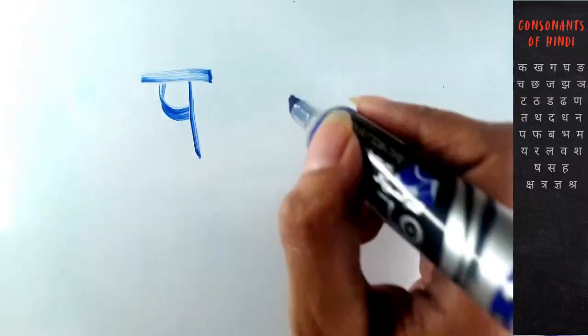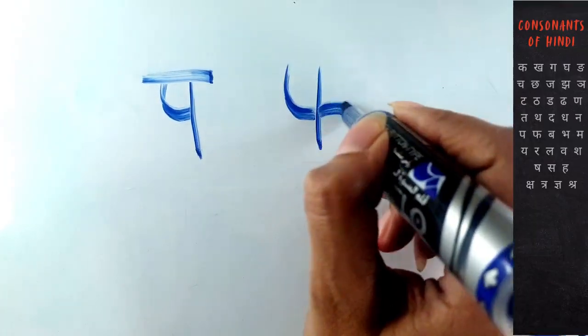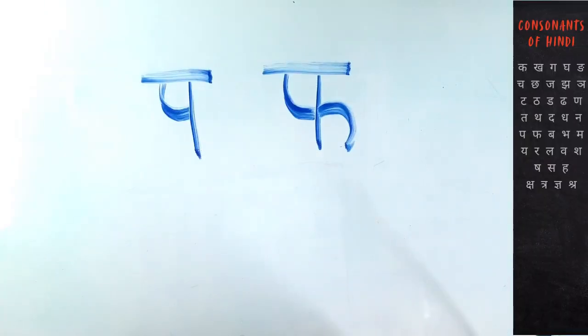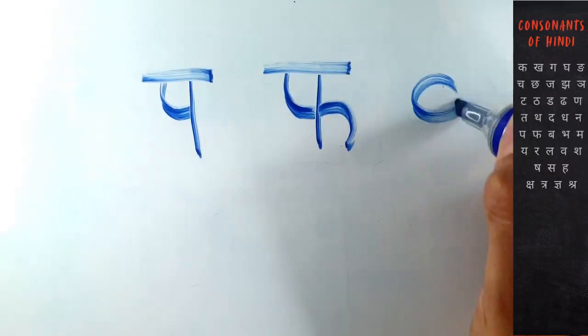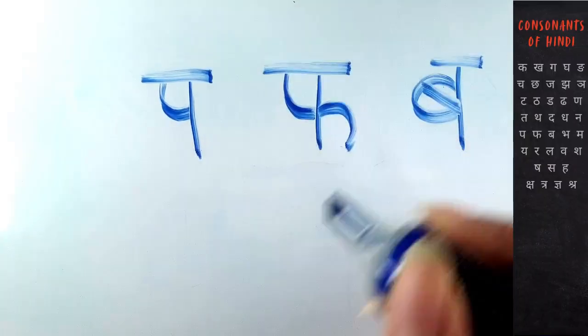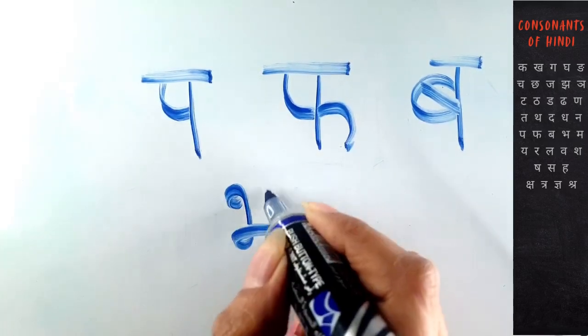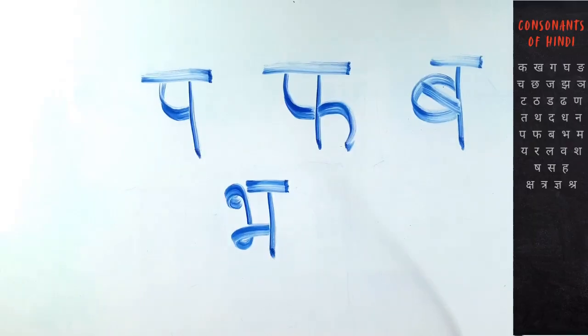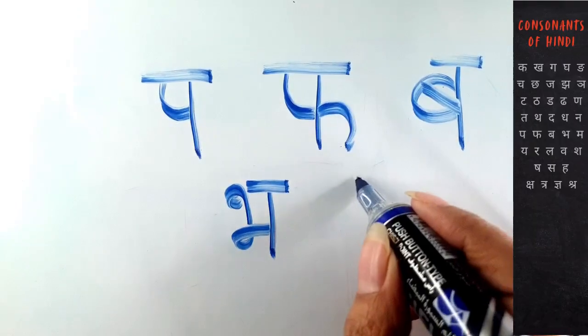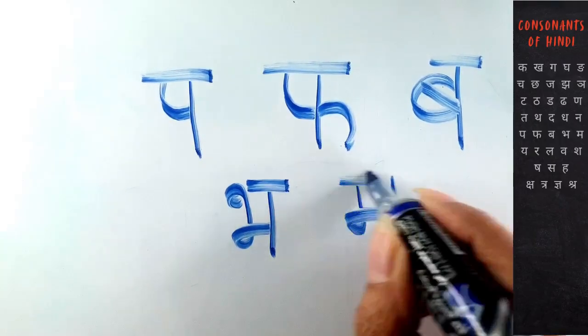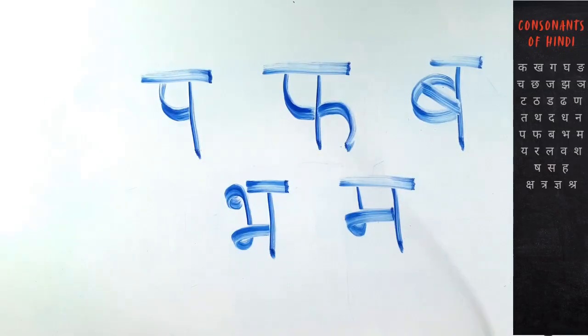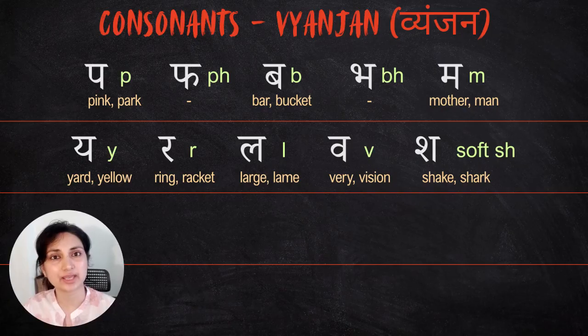P, p, b, bh, m. Now after this we have y, r, l, v and sh.